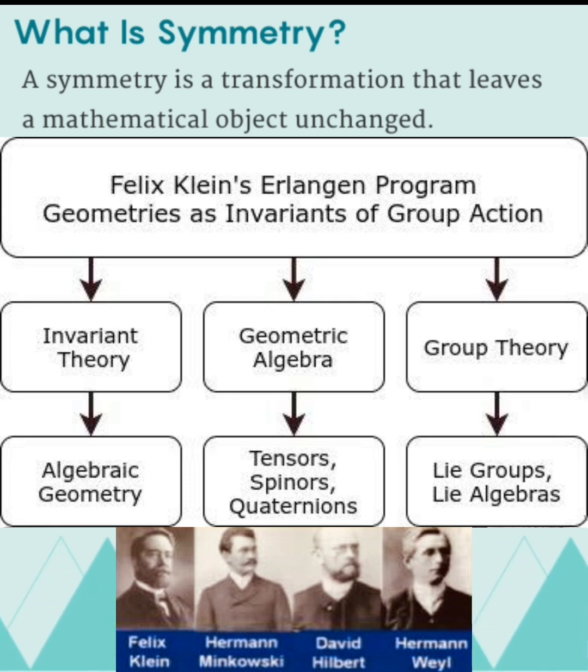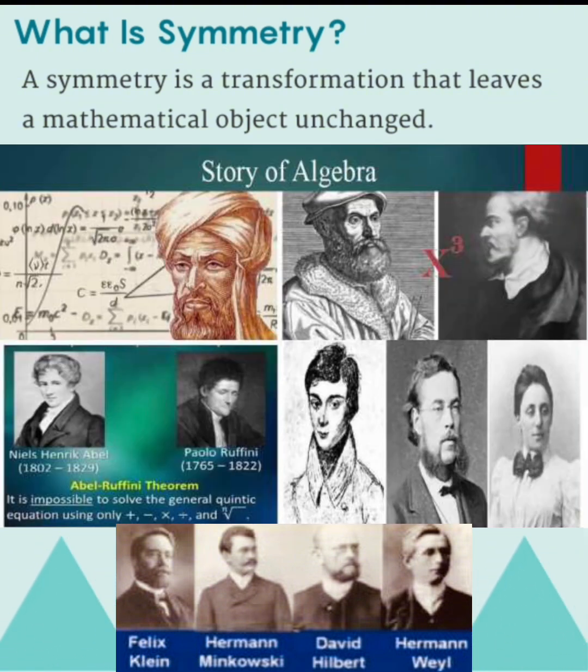Felix Klein was a colleague of David Hilbert. David Hilbert and Felix Klein developed this very famous mathematics institute in Göttingen, where people like Einstein used to go and talk about relativity and all these things. Hilbert was also behind that, and Klein was also following all these ideas.